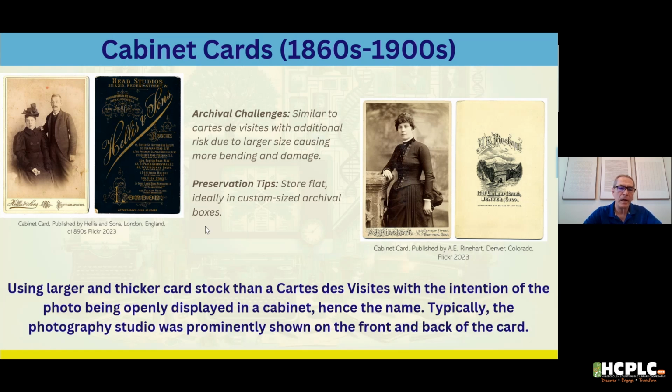So again, cardstock. Ideally, we store them flat in boxes with special acid-free tissue paper separating them. And we'll talk about how to digitize them later on, but these need to be handled with great care. And often they're peeling, and we'll see the brown mold in the corner. In fact, this one at the top here, you can see the little bit of brown mold here.